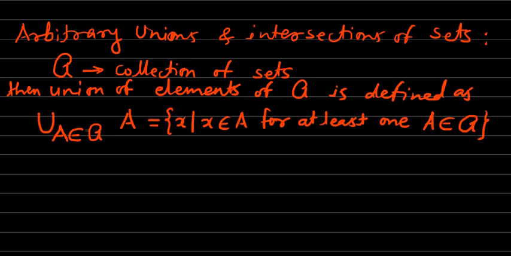So what does it mean? It means that the union of A over A belongs to script A: take one by one each and every element of that collection.